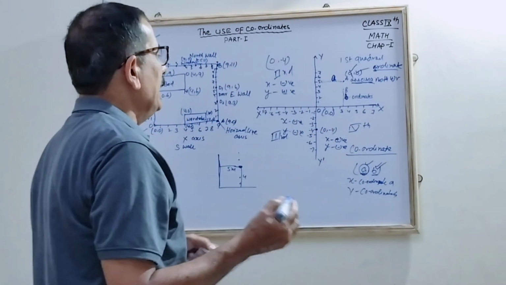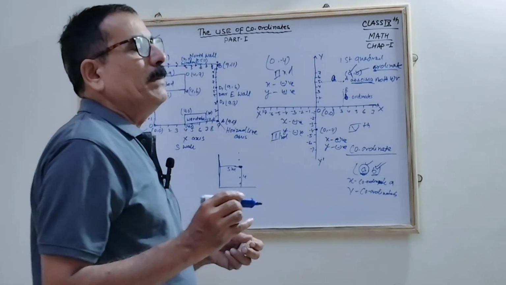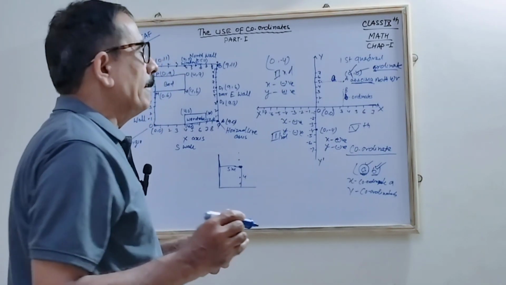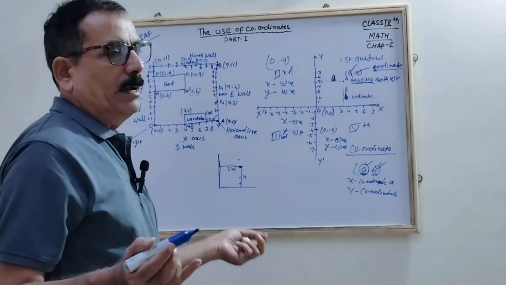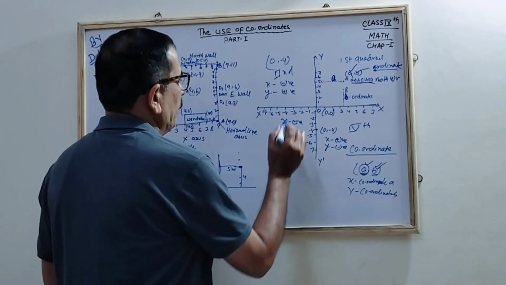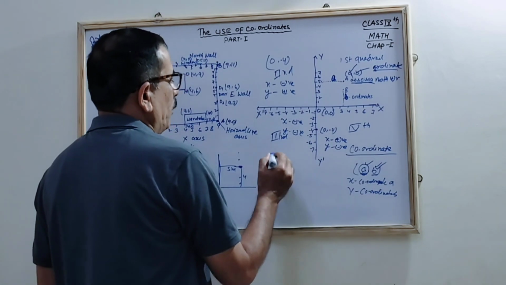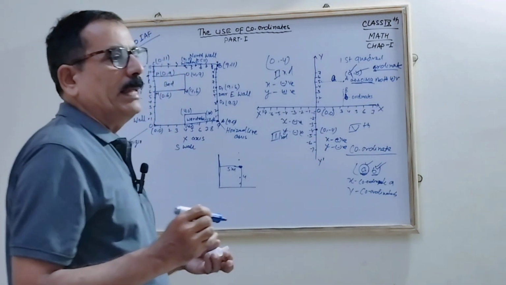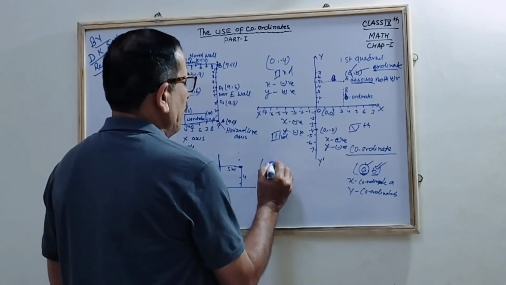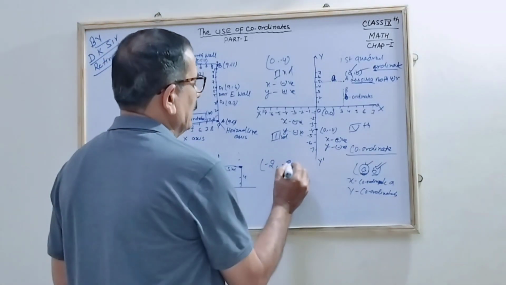Make it a habit: first you travel on the x-axis, the horizontal line. For example, suppose somebody asks you to locate a point on the xy plane or the Cartesian plane. If they say (-2, -3), what will you do?